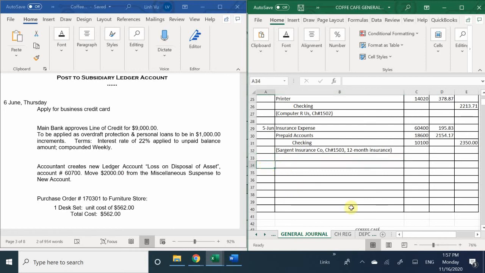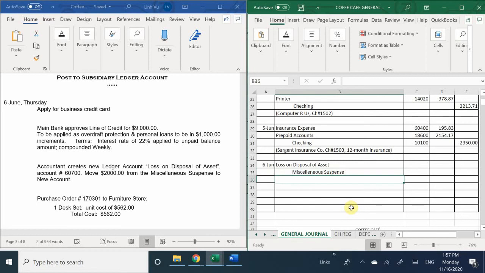So on June 6th, we're going to debit our loss on disposal of asset and credit our miscellaneous suspense account.